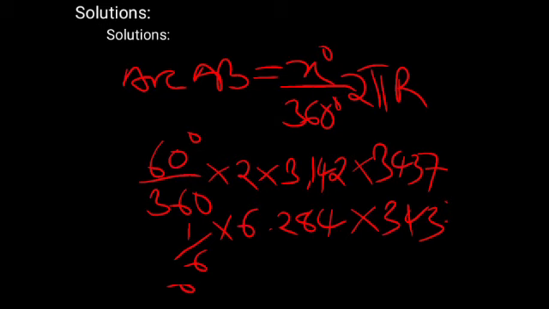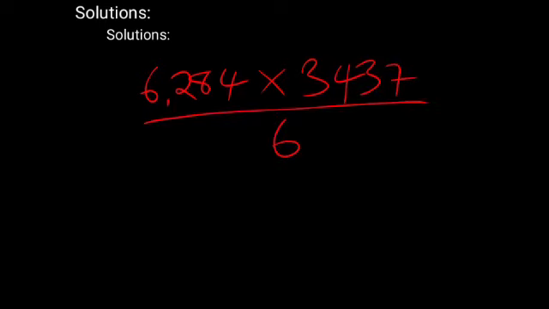So if we multiply 1 times 6.284 times 3,437 over 6, and punch on the calculator, what is 6.284 times 3,437 divided by 6?